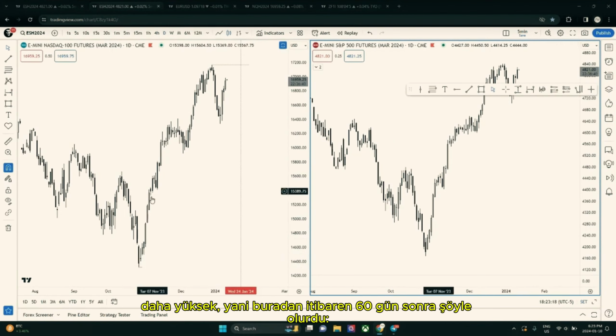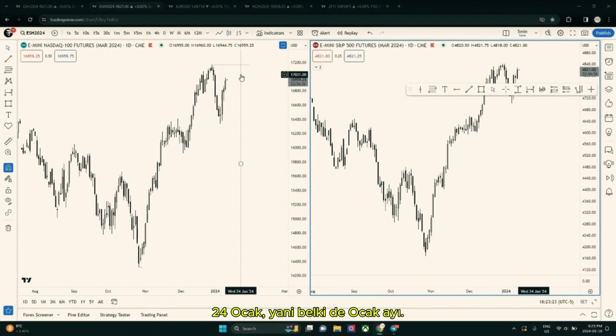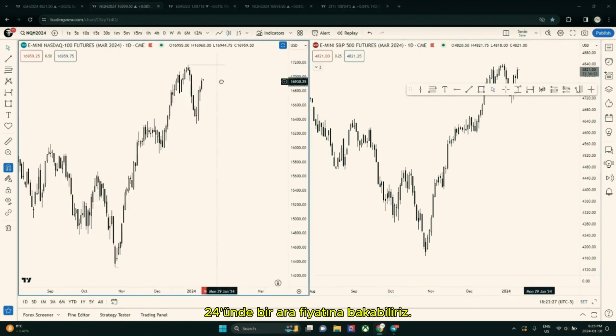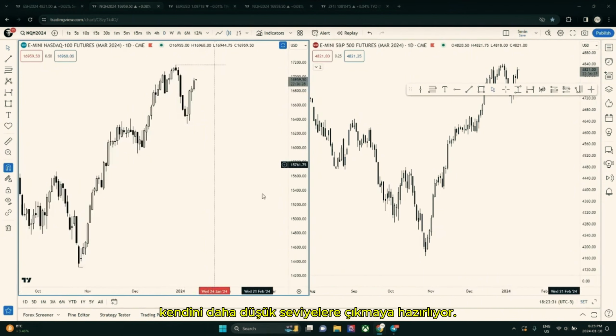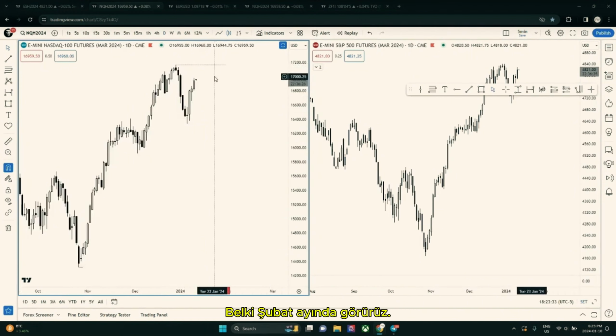So 60 days from here would be January the 24th. So around January 24th we can look for price to be positioning itself to go lower. So maybe sometime in February we'll see that begin to occur, right? So at this area we can expect some consolidation.